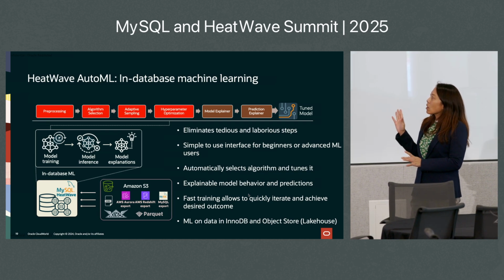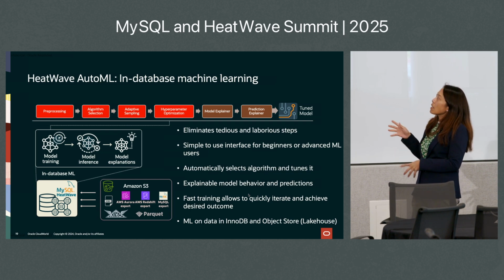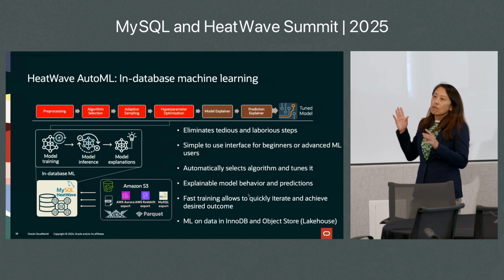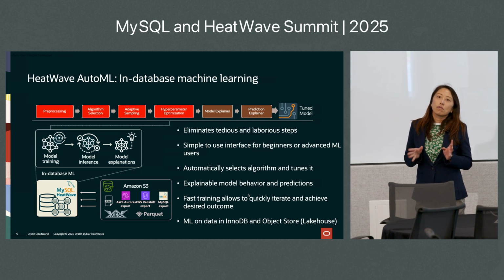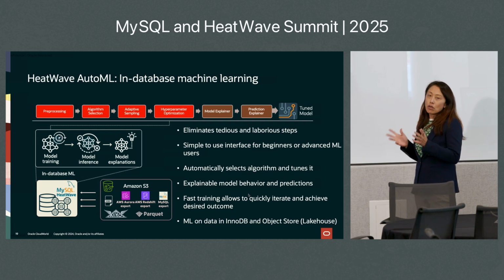The key point about our capability is that we automate the whole machine learning lifecycle for you. The most time-consuming part of the machine learning journey for our customers is typically the model training.